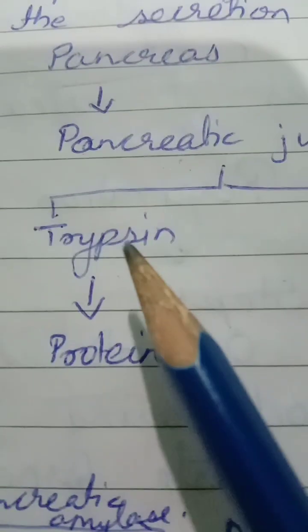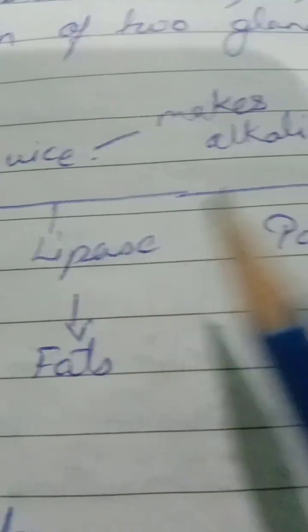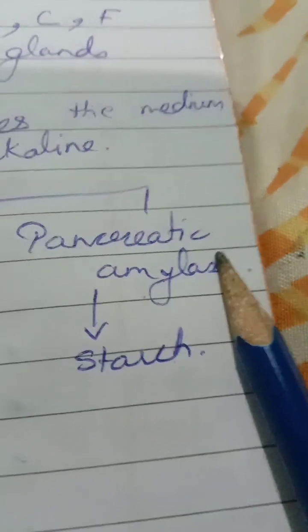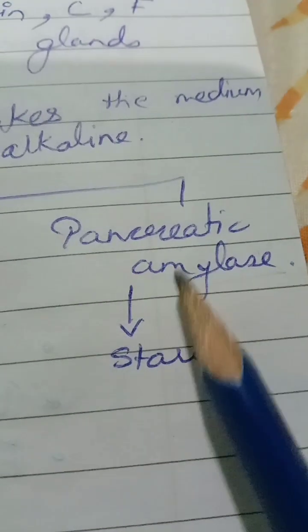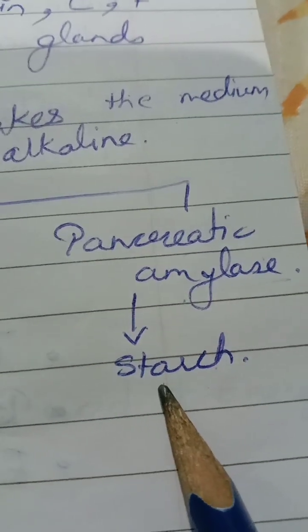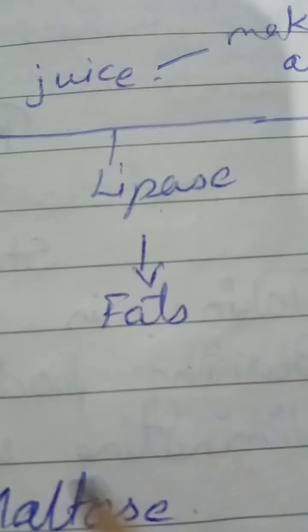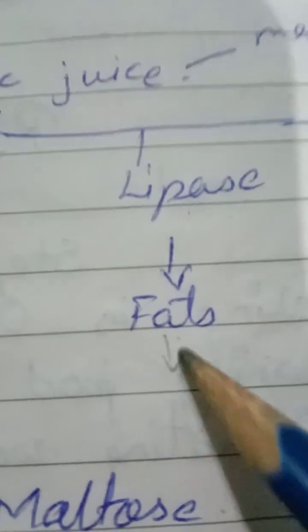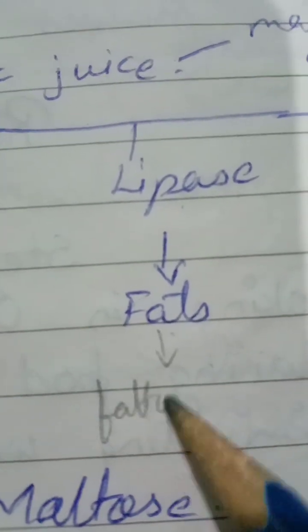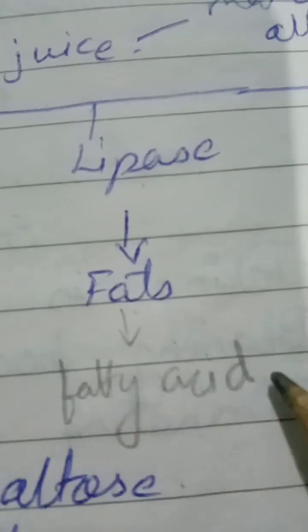Amylase is automatically related to starch digestion. Lipase is attached with the digestion of fats and it converts the fats into fatty acids and glycerol.